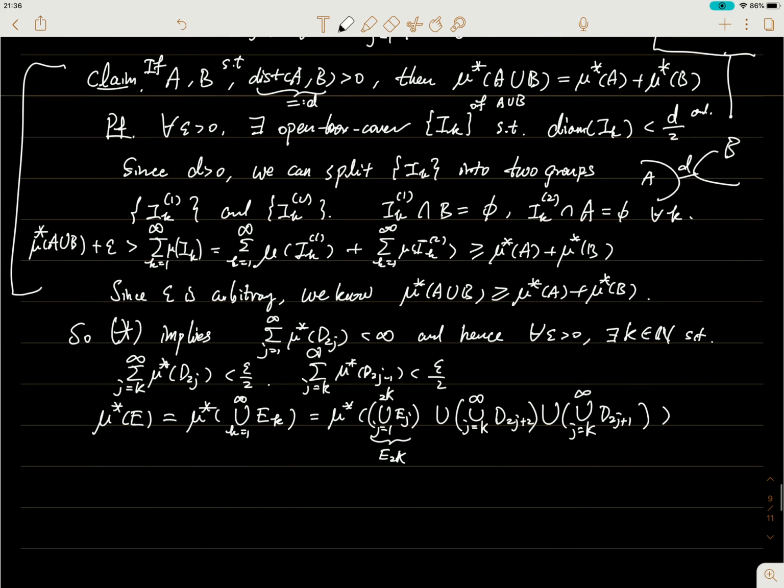Now, because of the property of outer measures, this is less than or equal to mu star of E2K, plus the outer measure of this, and then the outer measure of the last one.